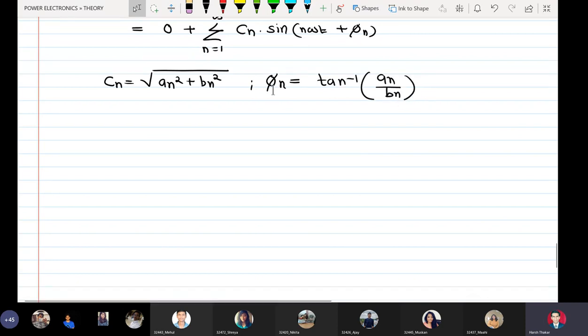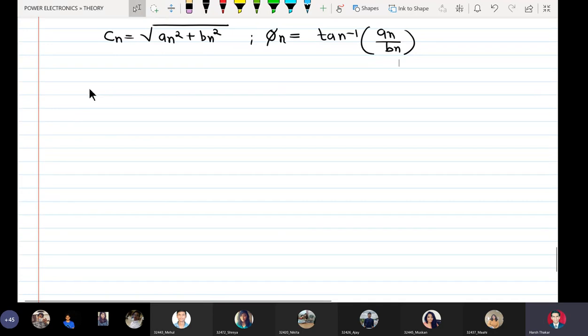Now putting the standard expressions for an and bn, this is what I get. I'm very sorry, an is equal to 0 for all values of n. When I solve the expression for an, I get an equal to 0 for all values of n.